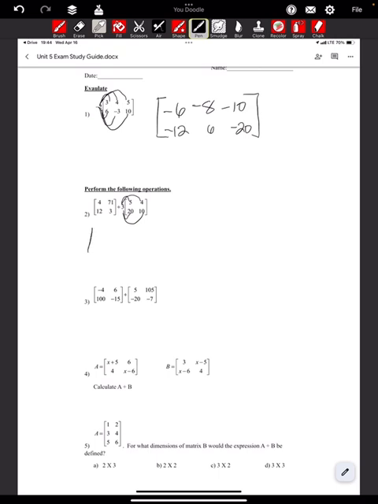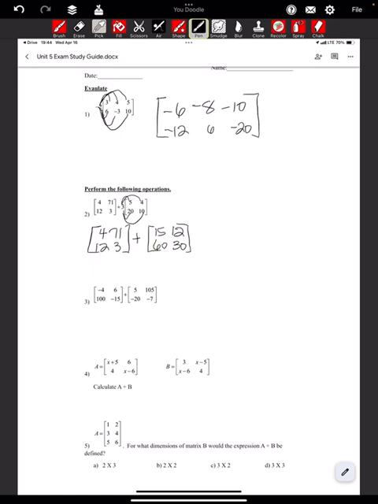So I'm going to rewrite the first matrix as 4, 71, 12, and 3. And then the second matrix is going to be 3 times 5 is 15, 3 times 4 is 12, 3 times 20 is 60, and then 3 times 10 is 30. All right? So that's our new matrices.